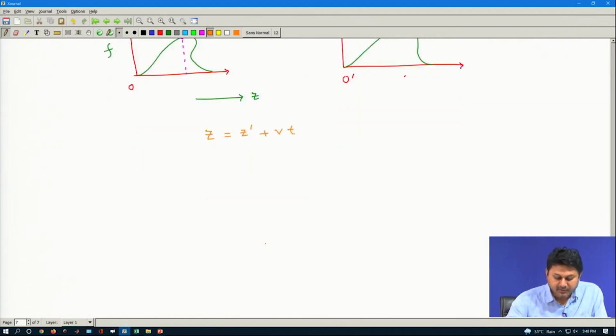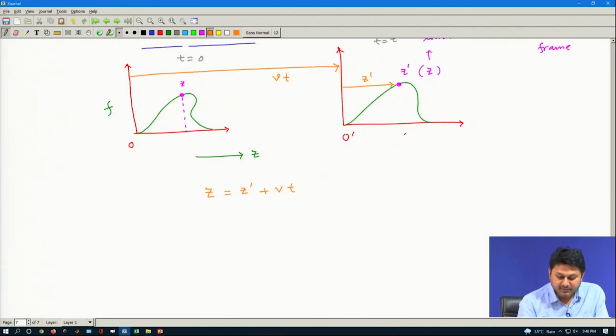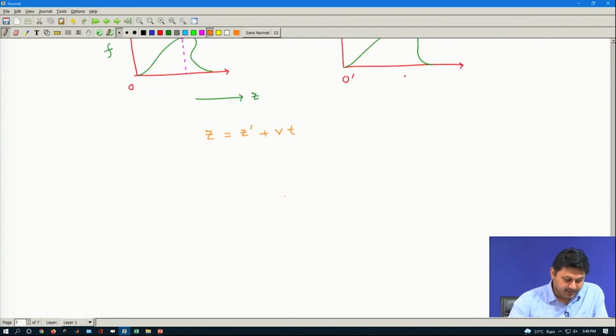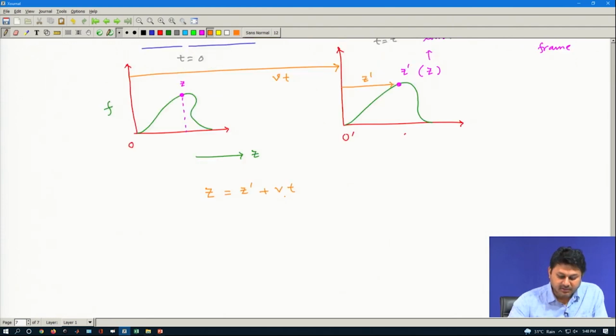Here z is the same coordinate measured with respect to the fixed frame. So z should be z prime plus v t. v is the velocity of the frame, or the velocity of the wave itself. The wave is moving with this velocity v, which is fixed.